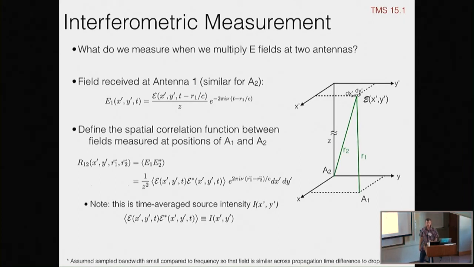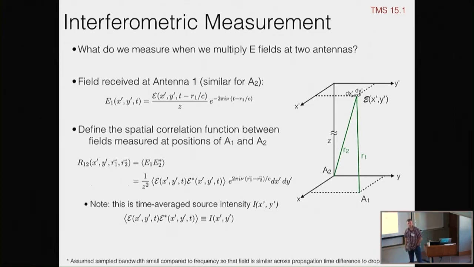You can do the same thing for antenna 2. I'm not writing it out. Just like we did in the simple case, we're going to take the product of two things and average them. But we're going to call this the spatial correlation function. Because you can imagine that there are two antennas on the ground, but you could be putting the second antenna anywhere relative to the first.